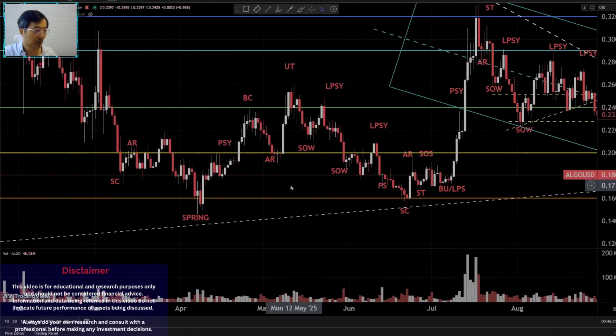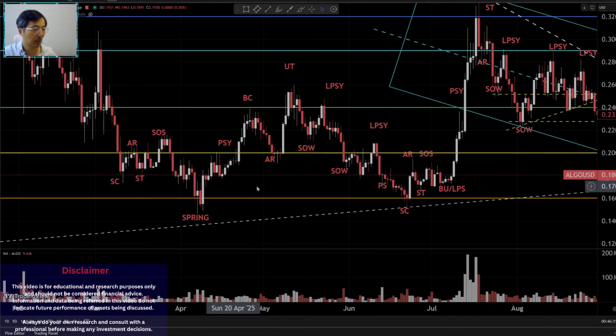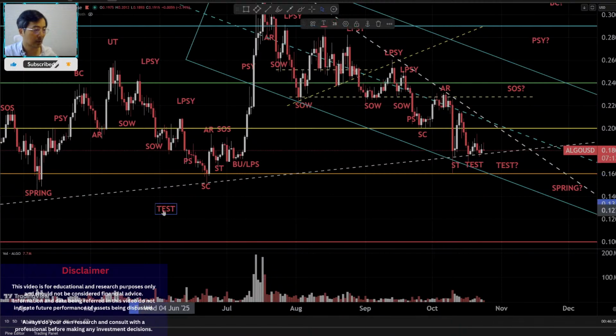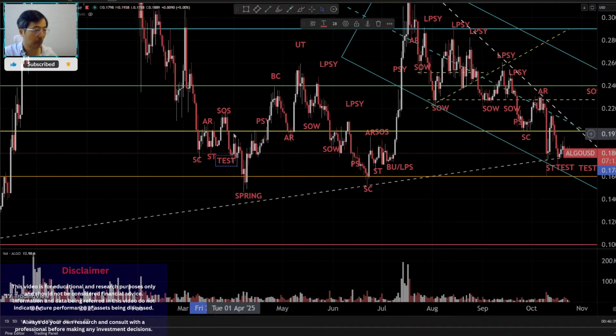So let me enlarge this a little, and then it came back down for a second test, and then there was a sign of strength period, and eventually it came down for, let's borrow a test here, and rebounded for a bit before it came down for a spring.